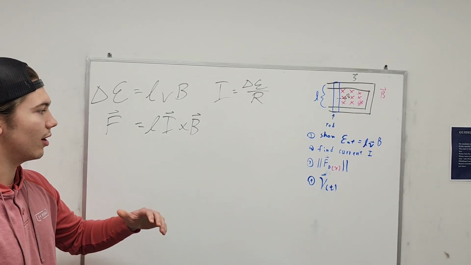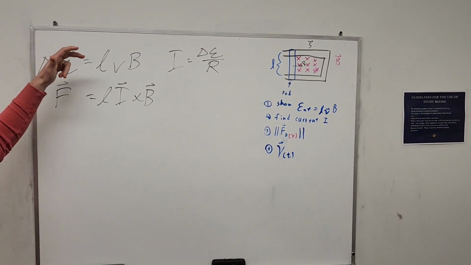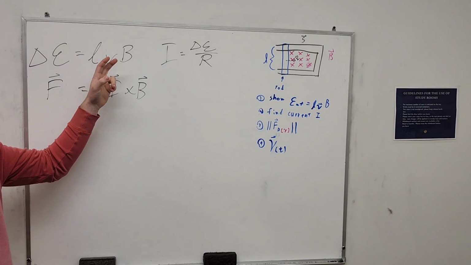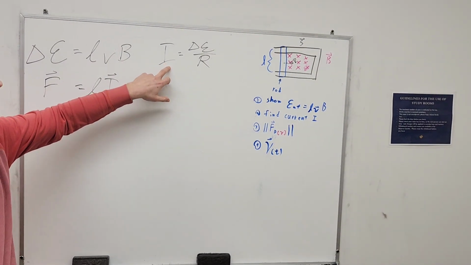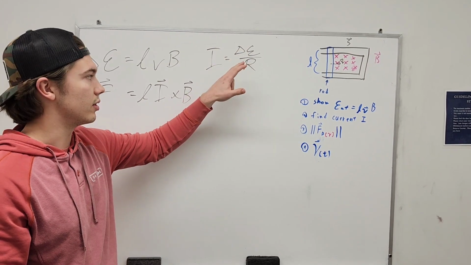Okay, so we're going to continue using our chapter 29 material. We already established the EMF is equal to the length of the rod times the velocity times the magnetic field. We also know that the current running through the metal is equal to the EMF over resistance.